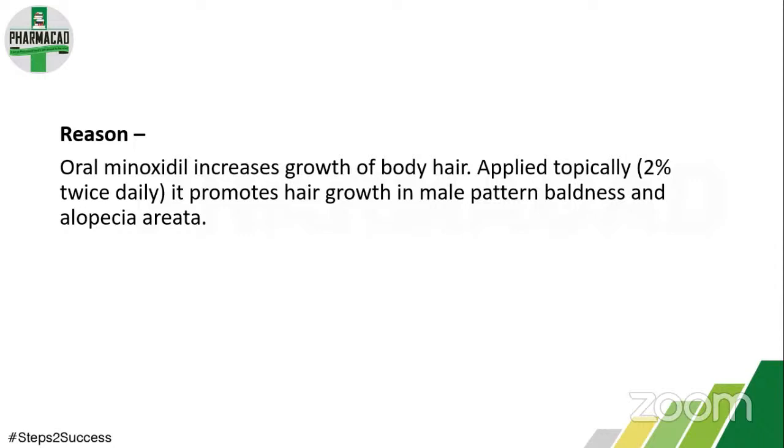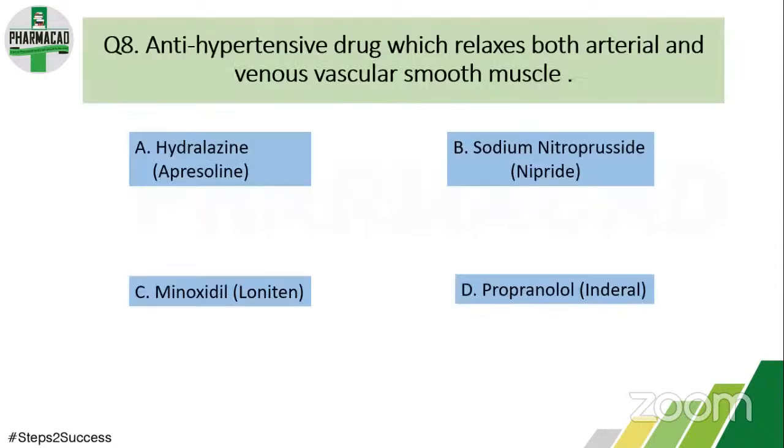Okay, so let's move on to the next drug. The next MCQ says: antihypertensive drug which relaxes both arterial and venous vascular smooth muscle. In the classification section, we also saw a classification of vasodilators. So vasodilators are also used as antihypertensive drugs.